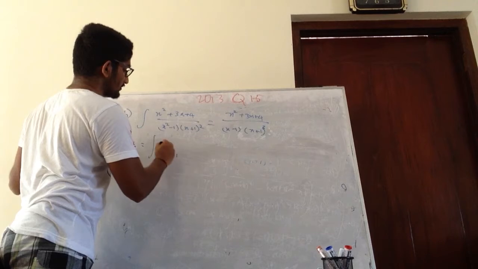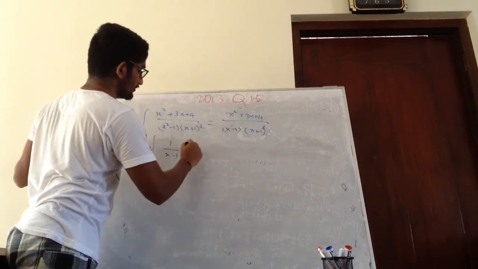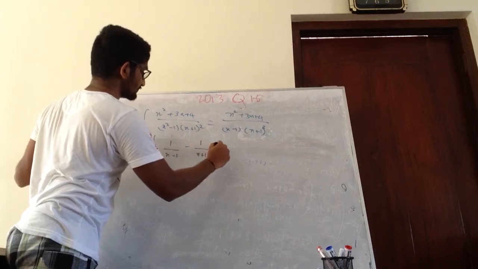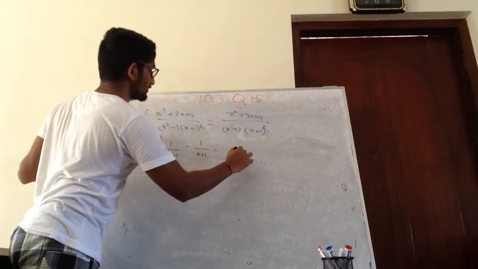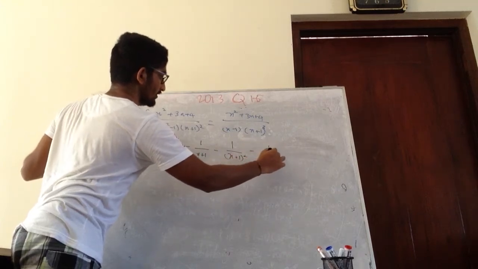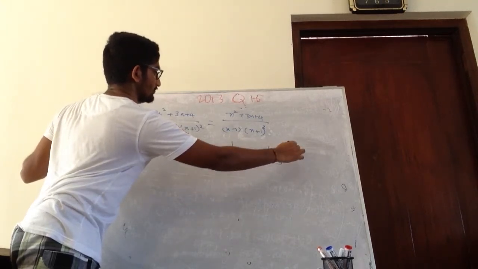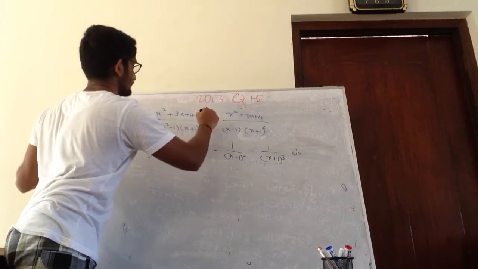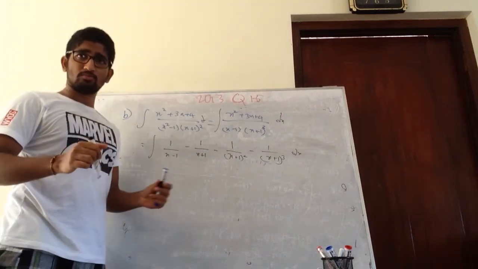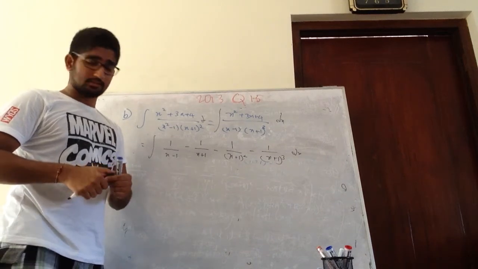Integration of x minus 1. Then it was minus x plus 1, minus x plus 1 squared, minus x plus 1. Correct?